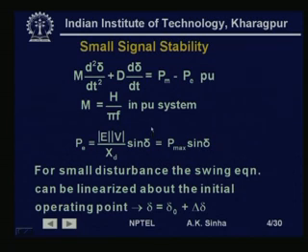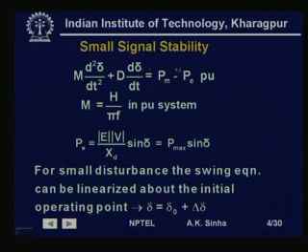Now, here we have seen this P being nonlinear. So, if we are talking about small signal stability, we will have to linearize this dynamic equation, which is a nonlinear equation, about the operating point. So, for small disturbances, the swing equation can be linearized about the initial operating point, that is at delta is equal to delta 0, and we take a small perturbation of delta delta.